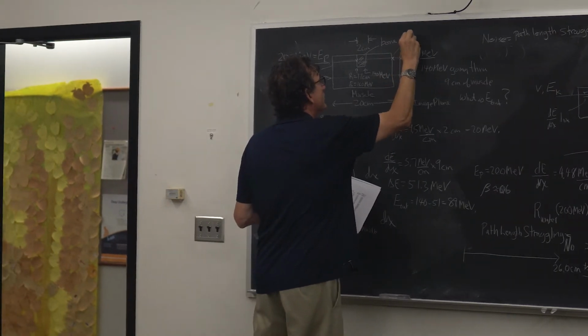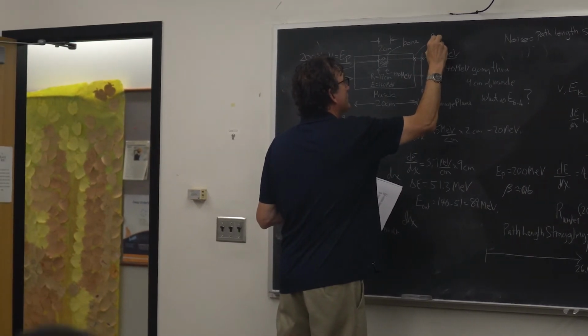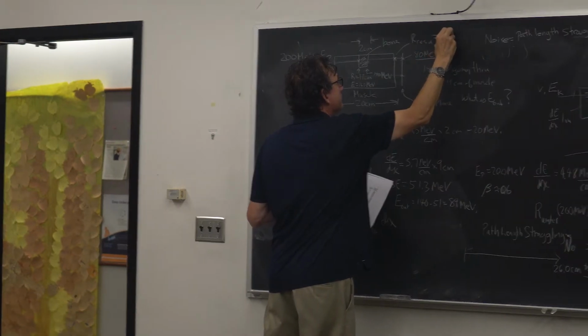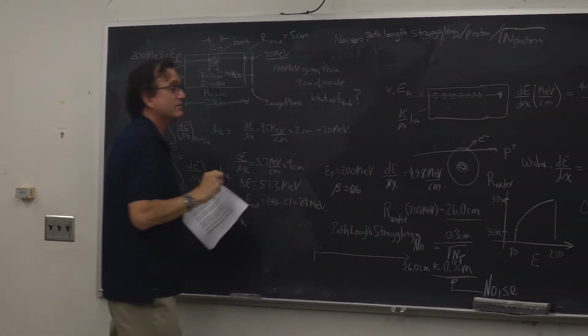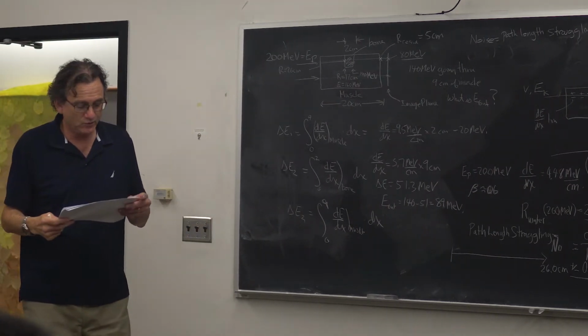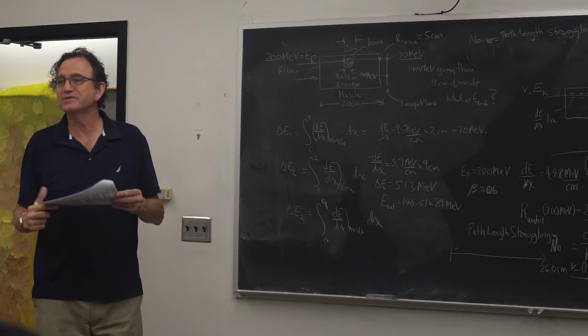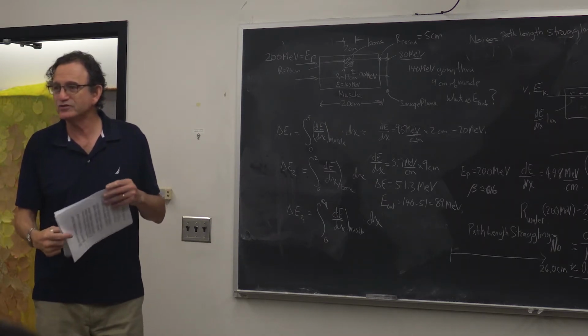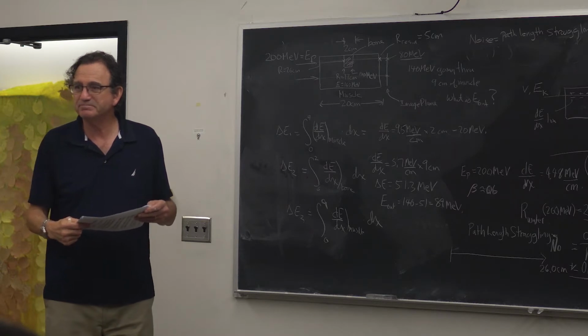So the residual range coming out here is equal to 5 cm of water, right? So what beam energy has a residual range of 5 cm? 90, right?